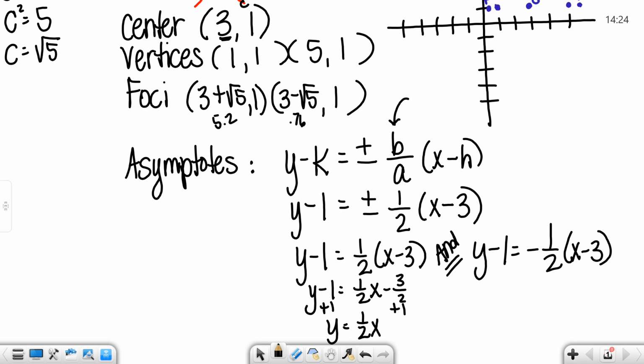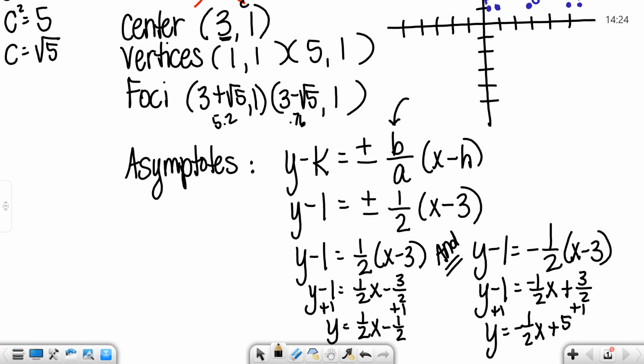So 3 over 2 plus 1 whole, which would be 2 over 2, would be minus 1/2. For this other one, distribute that half. I get negative 1/2 x plus 3/2. Add 1. So this time I get y is negative 1/2 x plus 5 over 2.